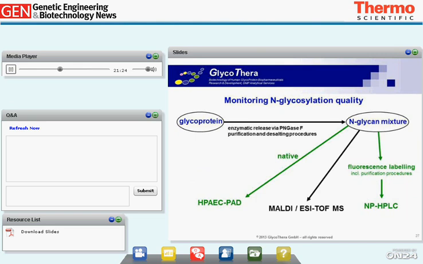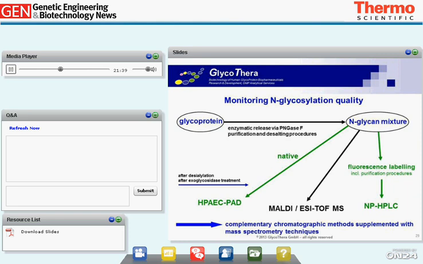Additionally, the N-glycans were analyzed via different MS methods, MALDI and electrospray. These analyses were supported by specific exoglycosidase digestions in order to identify specific glycan motifs. Very important is the use of complementary methods for reliable assignment of glycan structures. Today I will focus on N-glycan analysis via HPAE-PAD.